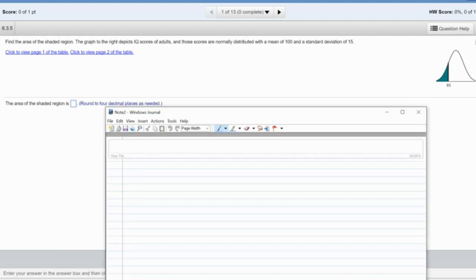Let's write down what we have here. We have a normal distribution, and here's your x. What does x stand for? X stands for IQ scores.